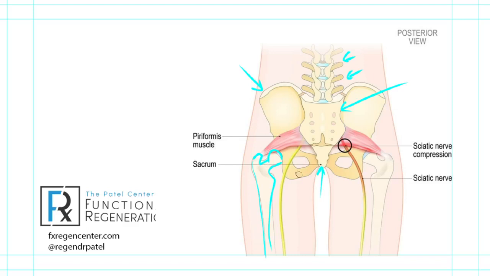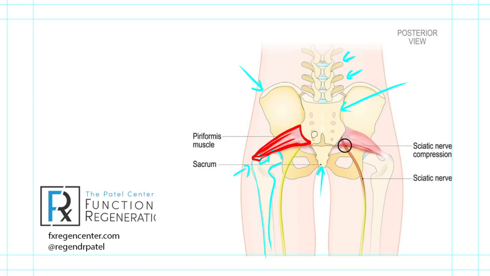Now, the outside of the thigh bone right here is called the greater trochanter. And that greater trochanter is an area where a bunch of different muscles come and attach. One of those muscles is called the piriformis. So that piriformis starts off at the sacrum and goes all the way out to the greater trochanter.